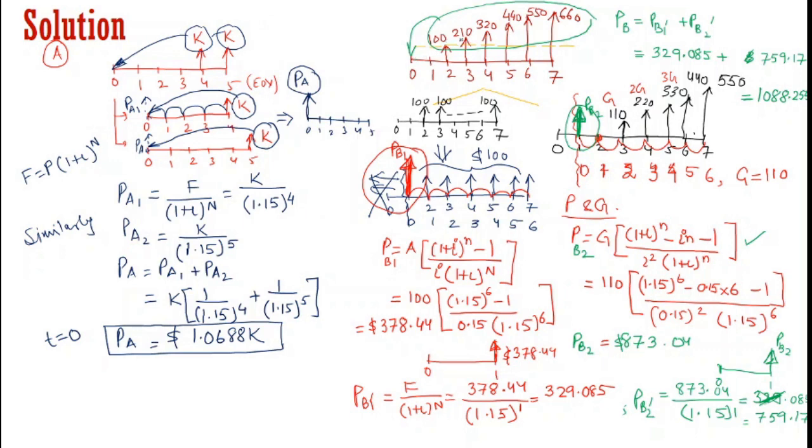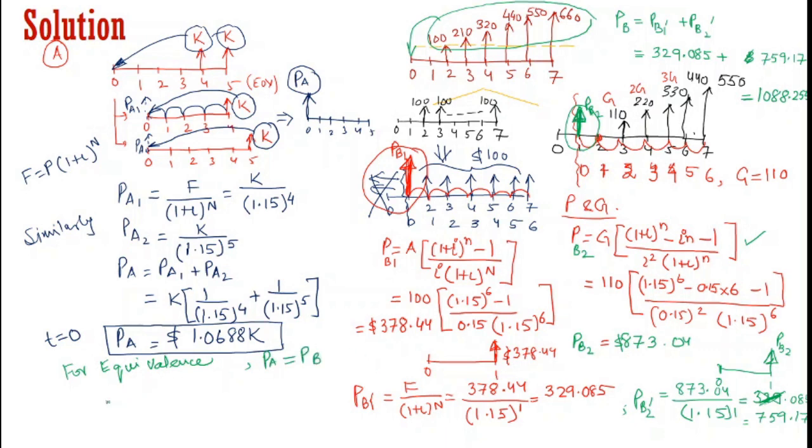Now if we wish to have the equivalence of these two cash flows, that means both should represent the same value at the same point of time. So here we have computed the equivalent at 0, and here also we have computed the equivalent at 0. Now in order to have these two cash flows representing the same monetary value, for equivalence, the condition is that PA should be equal to PB. So that is the condition for equivalence.